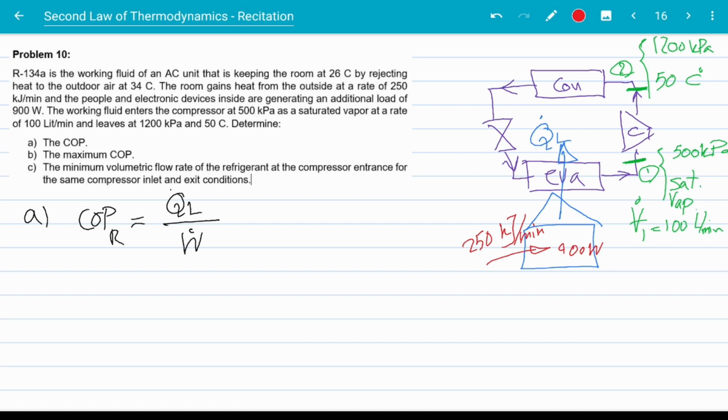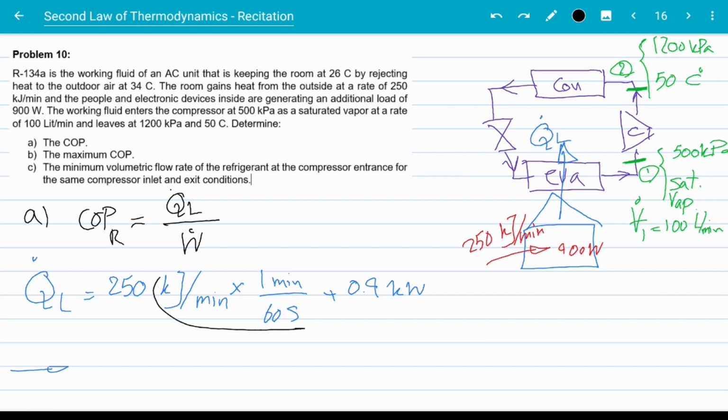So Q dot L is equal to the amount of heat that this room is gaining from outside plus 900 watts, because we have to reject this heat in order to keep the temperature constant. So Q dot L is 250 kilojoules per minute, I'm going to change the units, so times 1 minute over 60 seconds, plus 900 watts or 0.9 kilowatts.